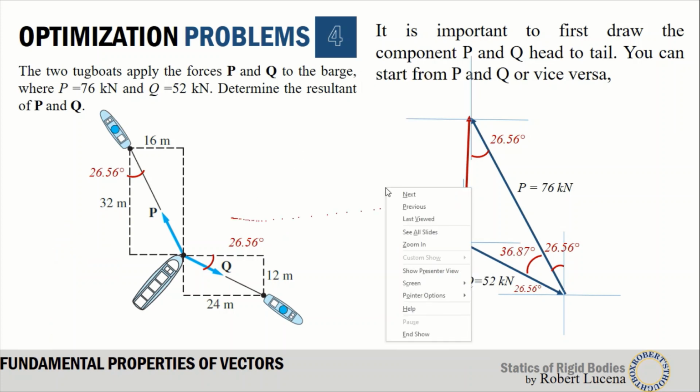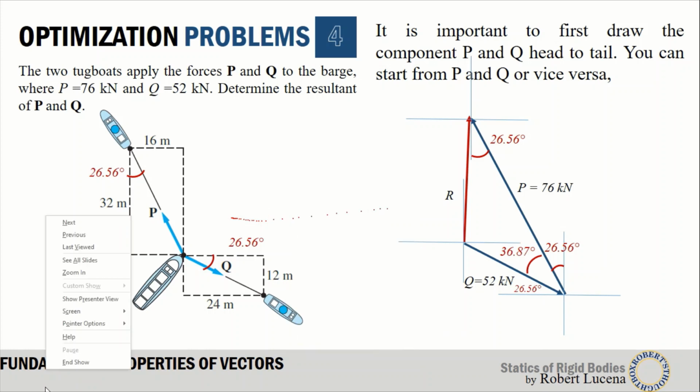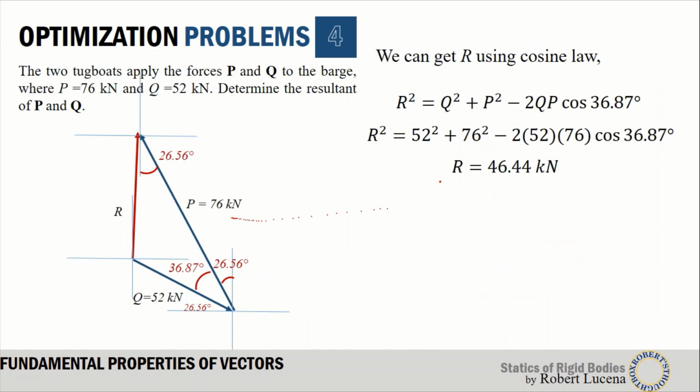Now, let me just move this drawing here. So the drawing is already here. We can get the value of the resultant using the cosine law.